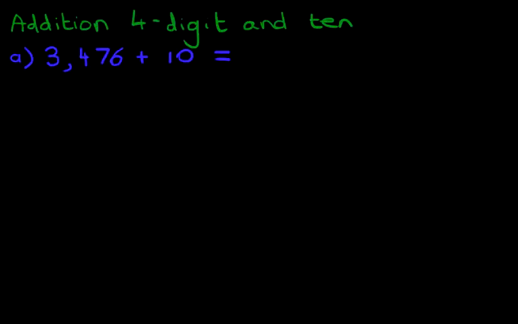So the first stage is to rewrite the question from the horizontal format, which is what is written here, into the vertical format, i.e. in columns. So let's do that over here. 3,476 plus 10.